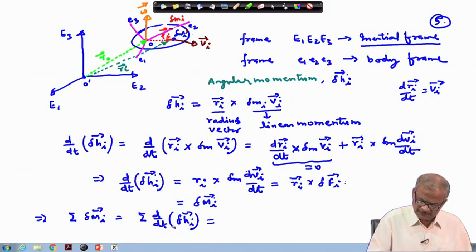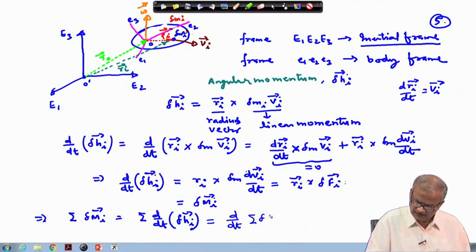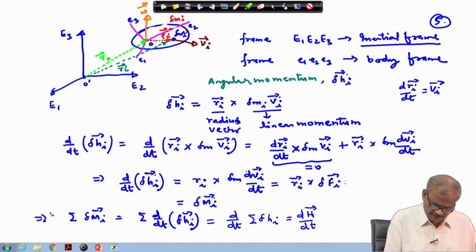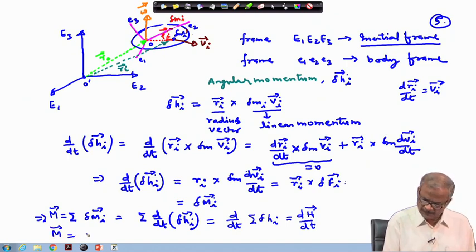as we know, the summation operator and the differential operator can be exchanged. So, we can write this as dH by dt, and on the left hand side we can write this as M. So, what this gives me is M equal to dH by dt.